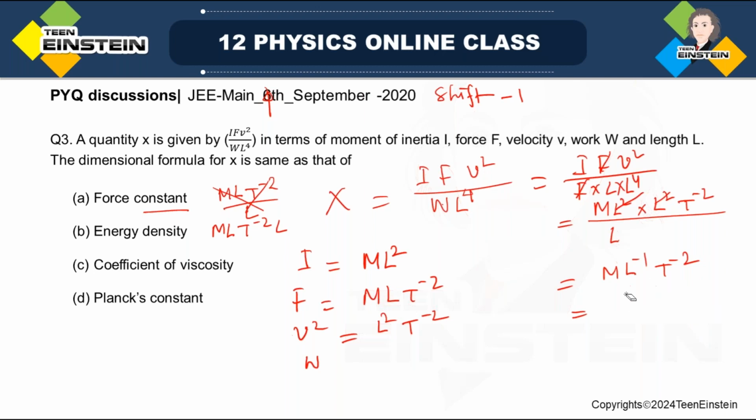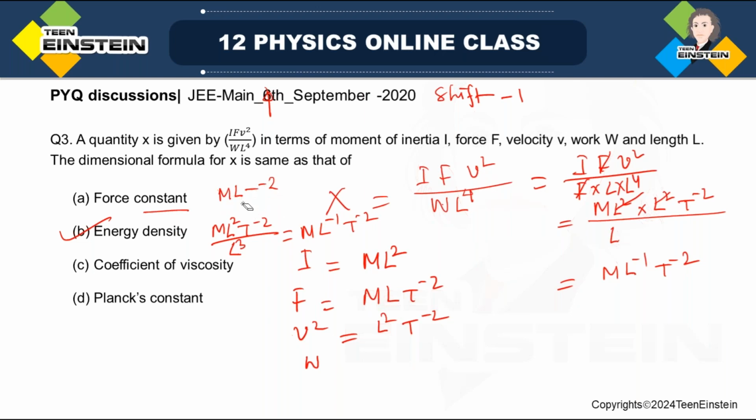Okay, better not to go with that direction. So this is energy ml to the power minus 2, so this is L square divided by L cube. So this is ml to the power minus 1 t to the power minus 2. So this is the answer actually.